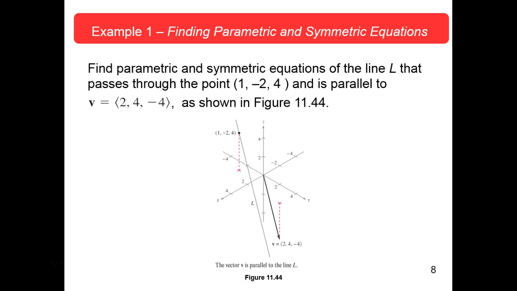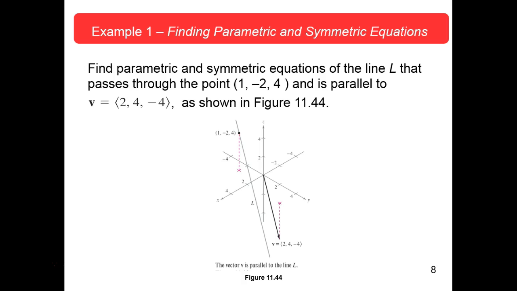Okay. So here's example 1. Find the parametric and symmetric equations for the line L, this light gray line L here, that passes through the point (1, -2, 4). On the x-axis you come up 1, the y-axis goes back 2, so there you are, and then you go up 4.